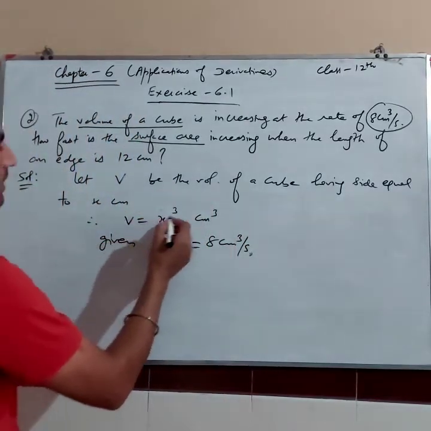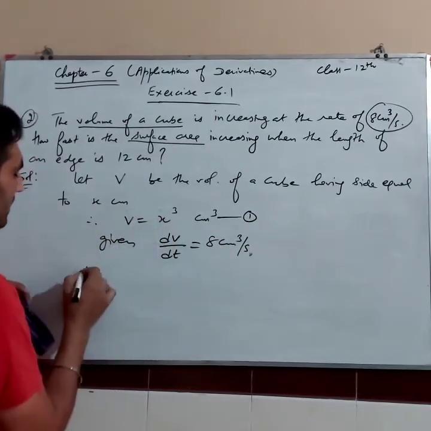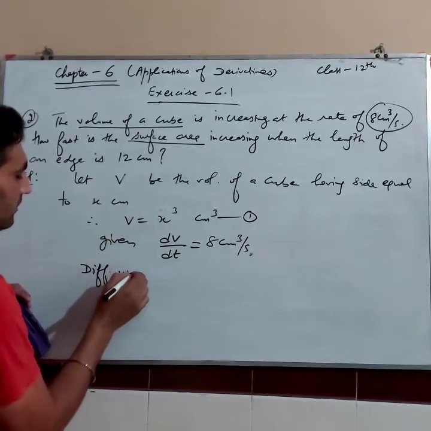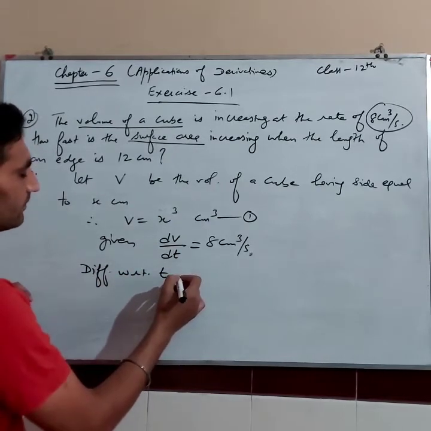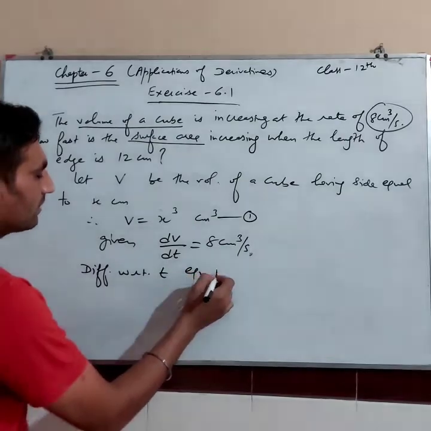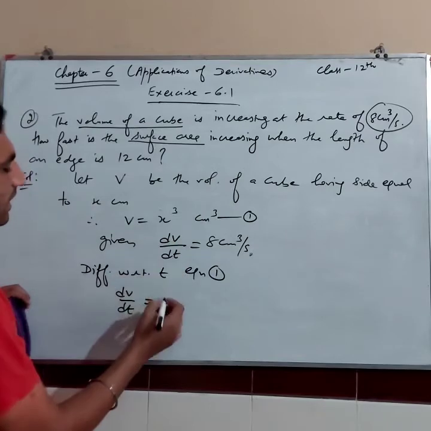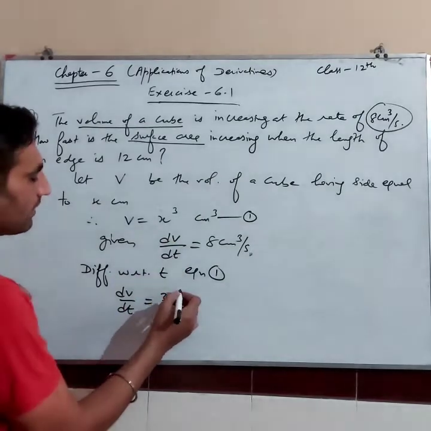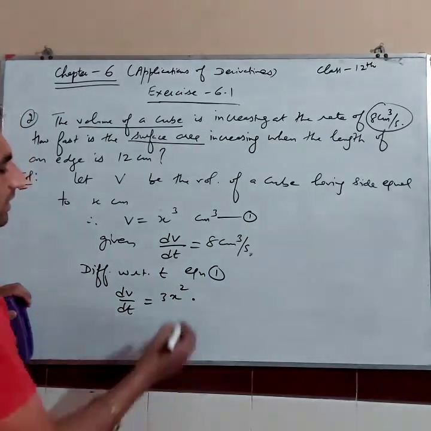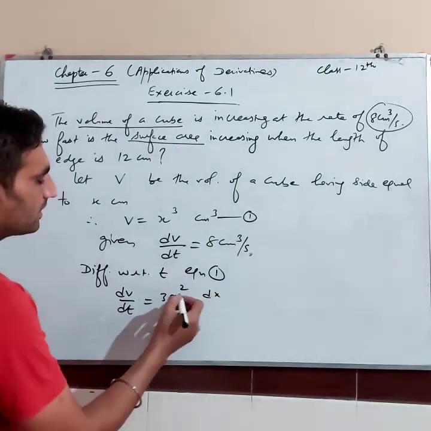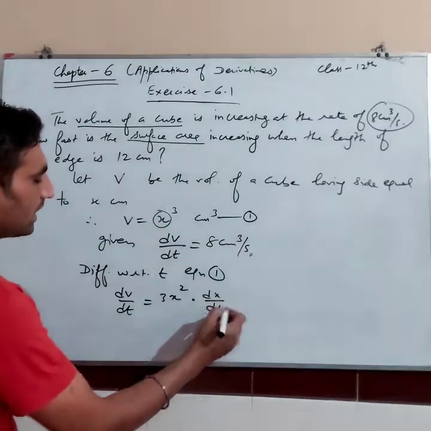Now we will differentiate with respect to t. This formula which is given, differentiating with respect to t means time, equation number 1. So write dV over dt equal to, this 3 will come in front, 3 into power will decrease by 1 means 3x square, but don't forget to write, along with it you have to differentiate this quantity which is x with respect to time.